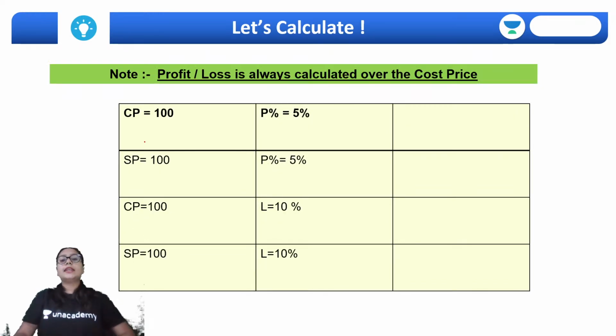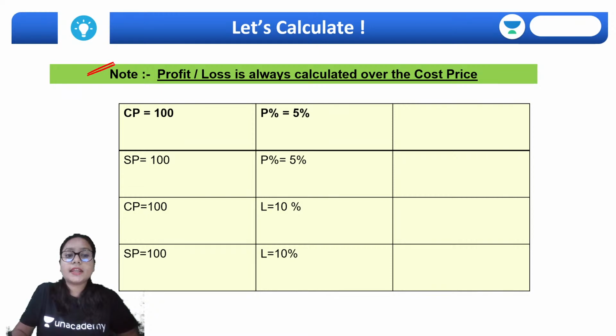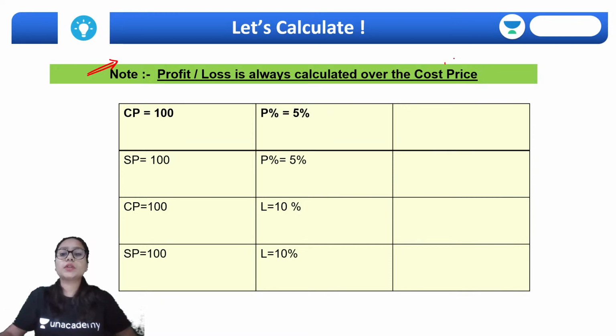Now, this is a very important point: profit and loss is always calculated over the cost price. In school time you might have learned certain formulas for when CP or SP are given, and profit percent or loss percent is given, and you need to calculate the exact amount of cost price or selling price.